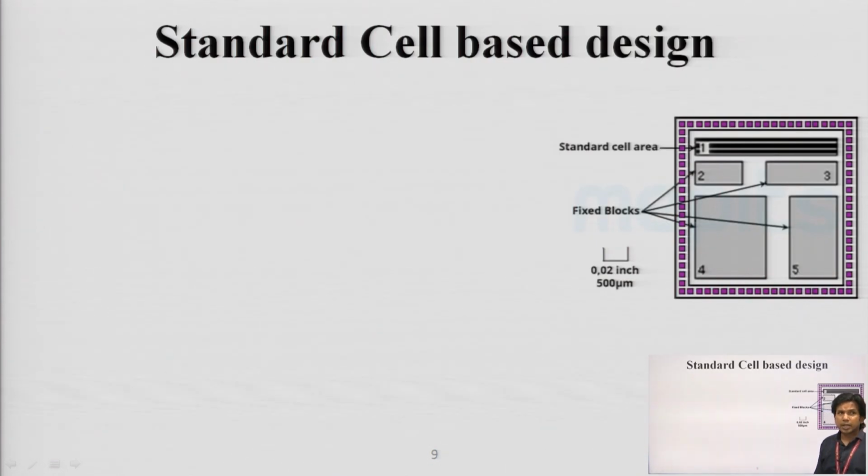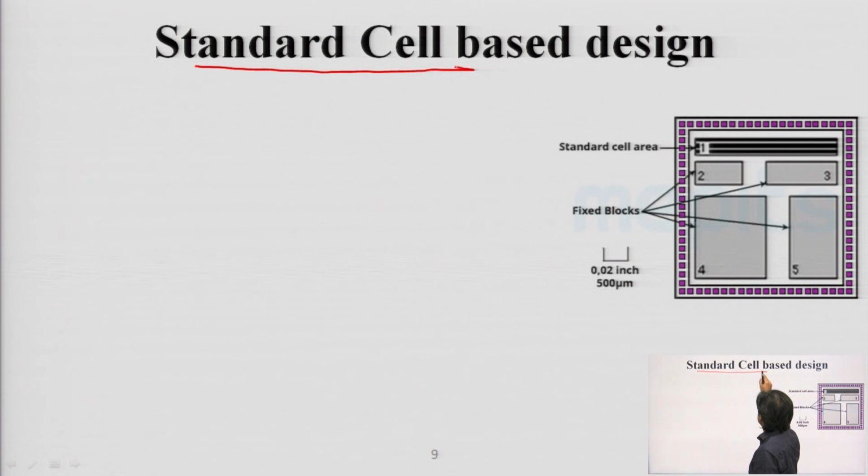Now, another type of design style is standard cell based design. As you can already see from the term, standard cell based design. Clear? This is a kind of prototype. This is my total area. In that total area, we have a standard cell area and different blocks based on the requirement.